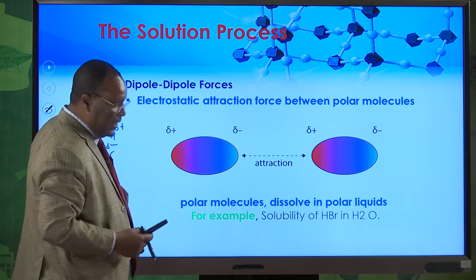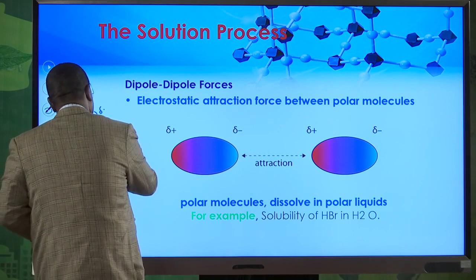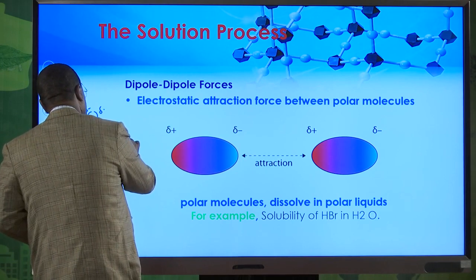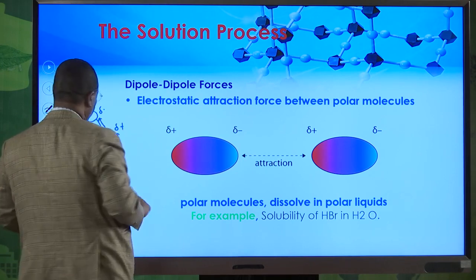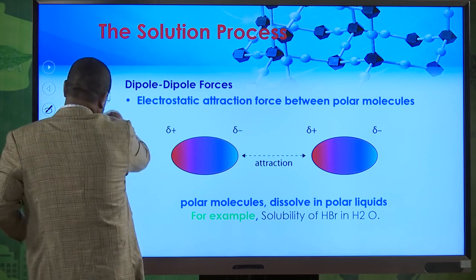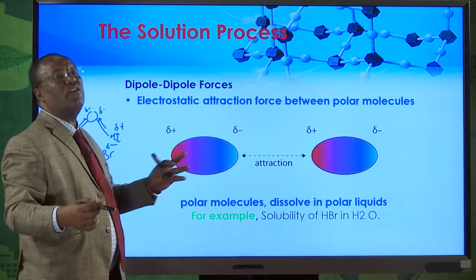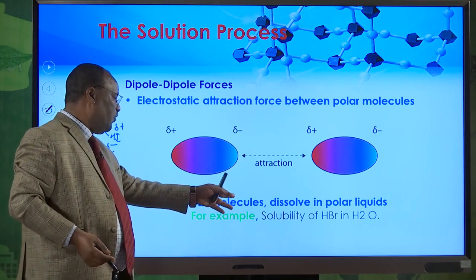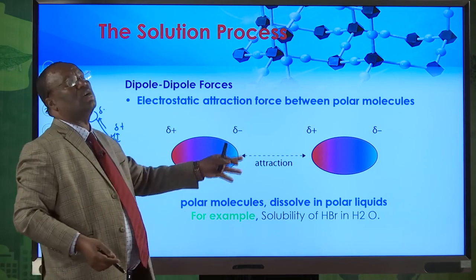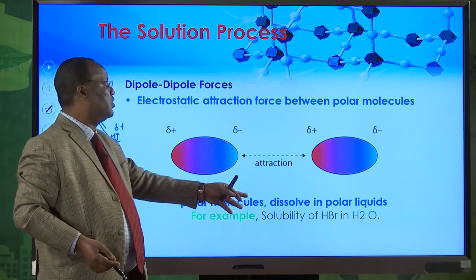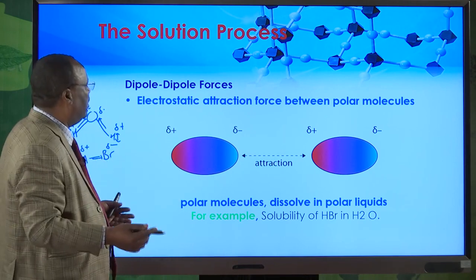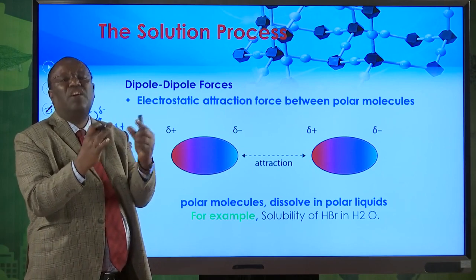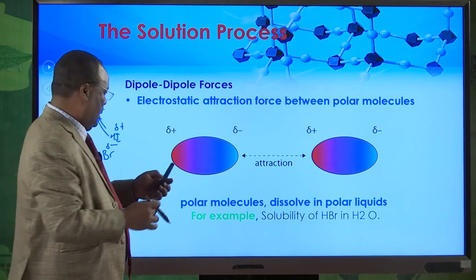There is an electrostatic force of attraction between the water molecule and the hydrogen bromide molecule, which we call dipole-dipole force. So hydrogen bromide is soluble in water because there is dipole force of attraction between the solvent and the solute.